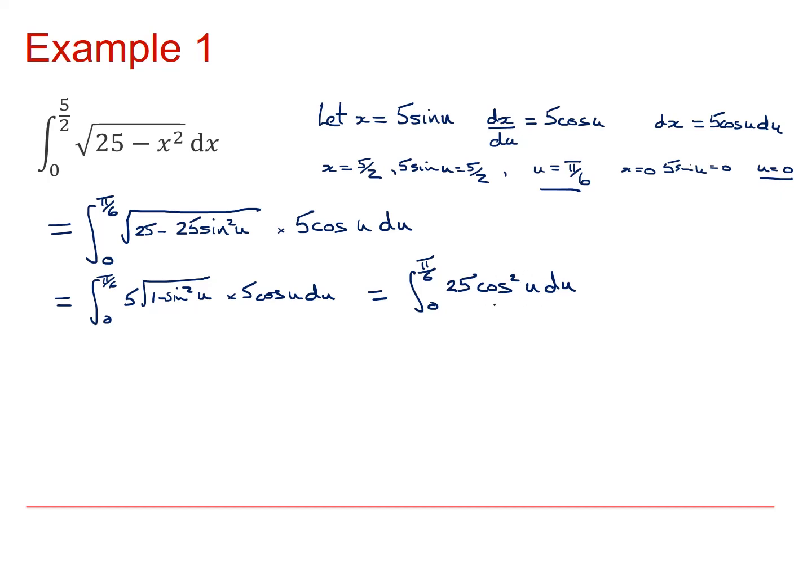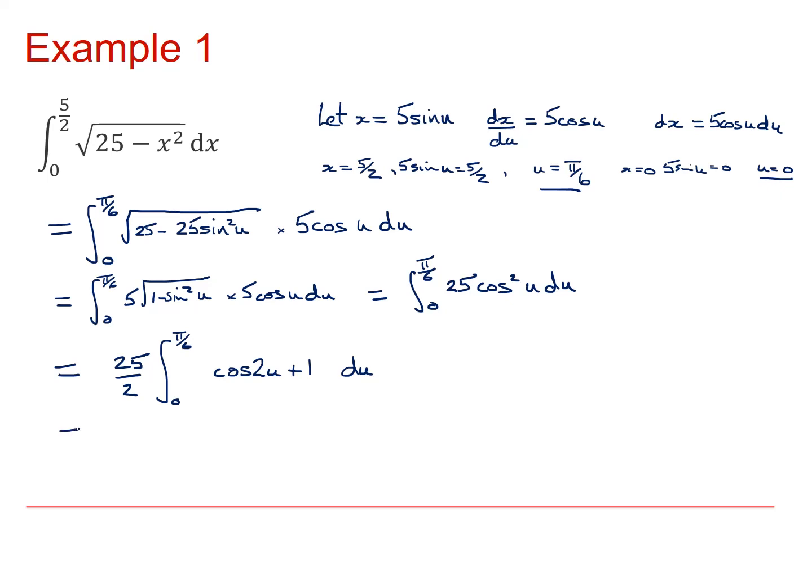We use the double angle formula, cos 2u is equal to 2 cos squared u minus 1, and rearrange that. So this thing becomes 25 over 2, remember we get a half from that double angle formula, and then we're going to get cos 2u plus 1 du.